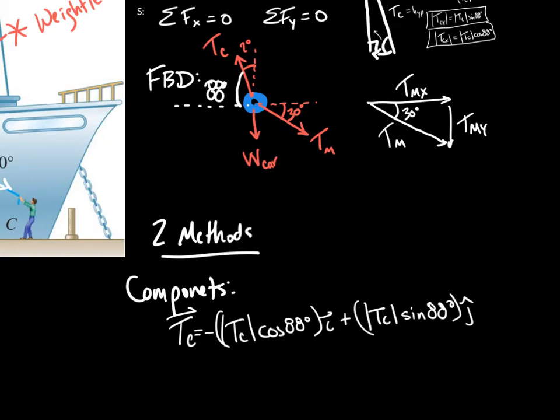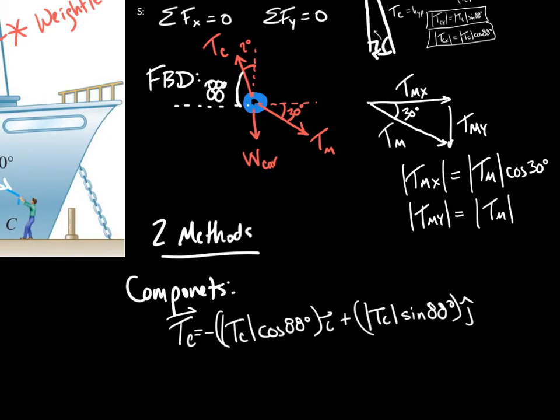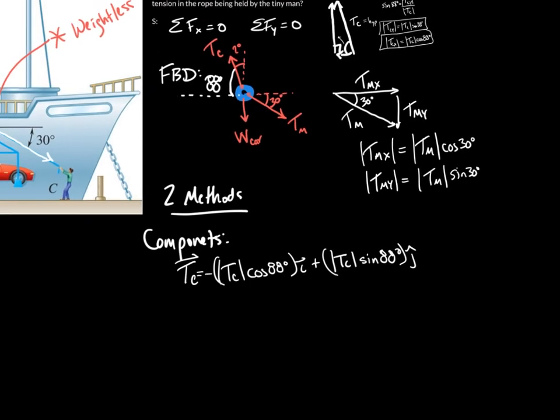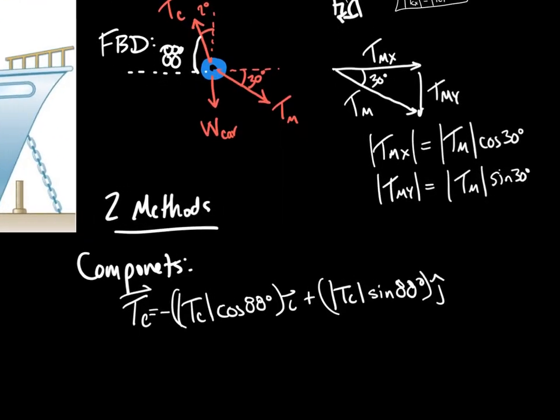If you do the trig, the magnitude of TMX equals TM cosine 30 degrees, and TMY equals the magnitude of TM times the sine of 30 degrees. Again, if you can't see that off the top of your head, work the triangle.